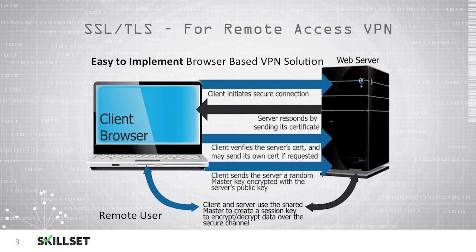Optionally, the client can send back its own digital certificate if the server requests, after verifying that the server's certificate is valid. And then the client would send the server a random master key encrypted with the server's public key, and this will be used to create a secured session, and that encryption key will be used to secure all of the data transmitted between the client and the server over that secured channel.